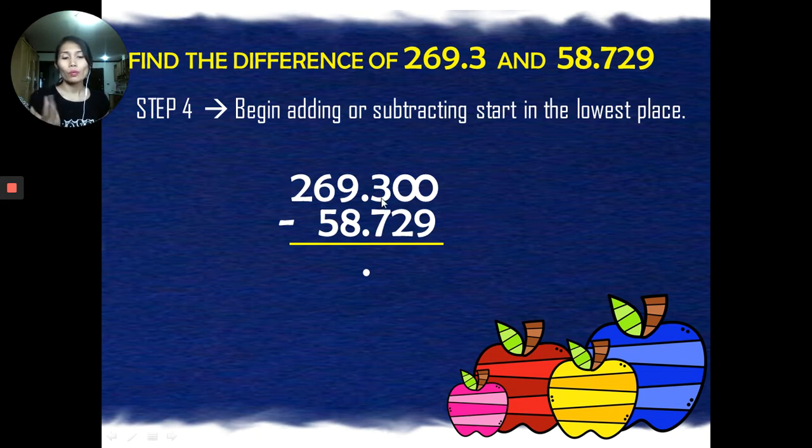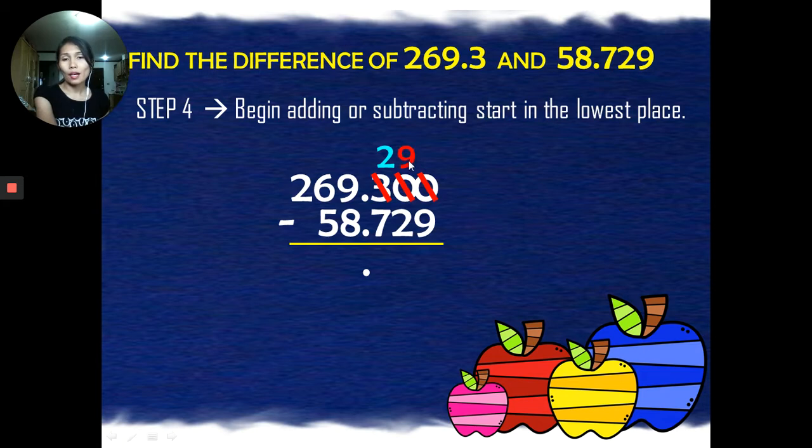So 3 will become 2 because we will minus, right? And 0 here in the hundredths place will become 10. Supposed to be 10. But the number in the thousandths place will also borrow from here, so that will become 9.